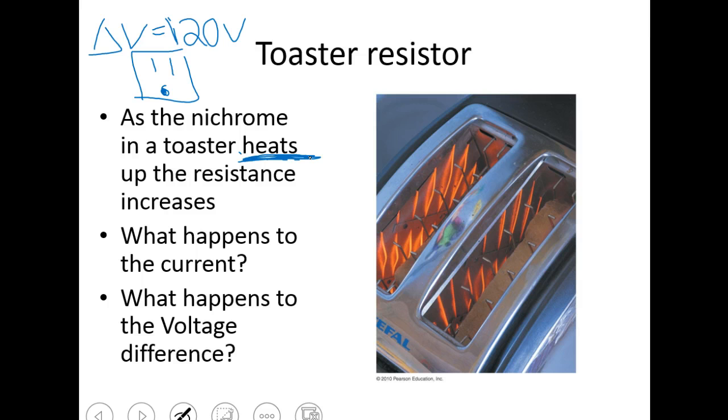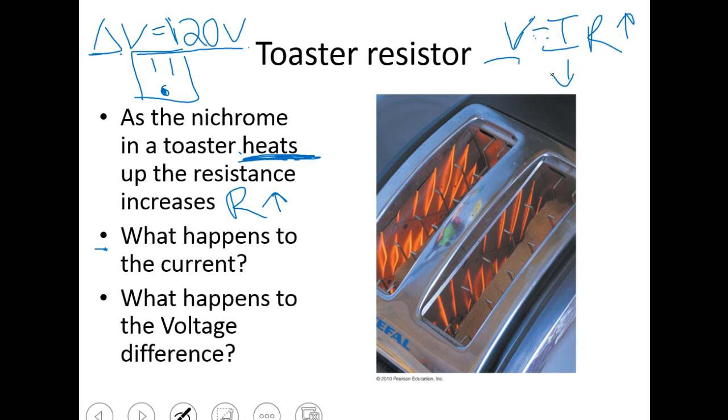So as this nichrome is heating up and the resistance is going up, if my voltage is constant, what's happening to the current? Well, according to Ohm's law, that V is equal to IR, if my voltage is constant and my resistance is going up, well then my current has to go down.